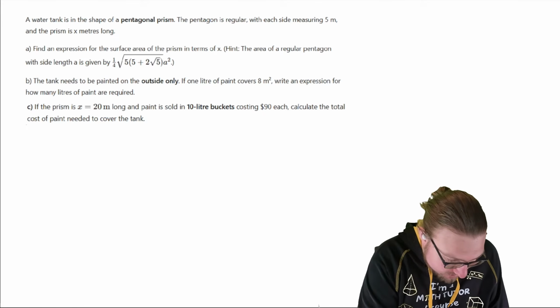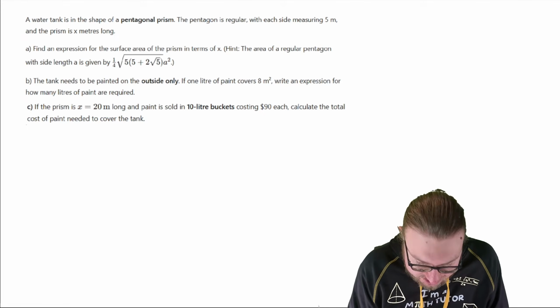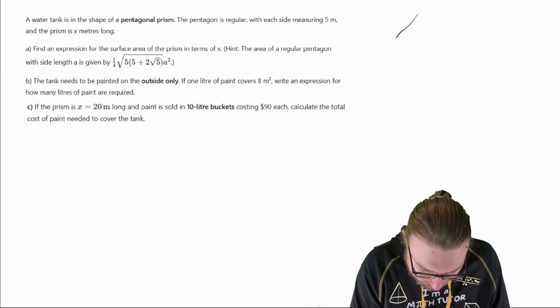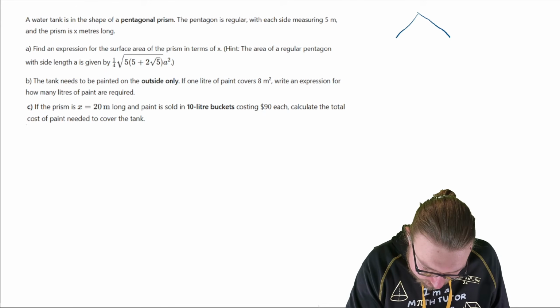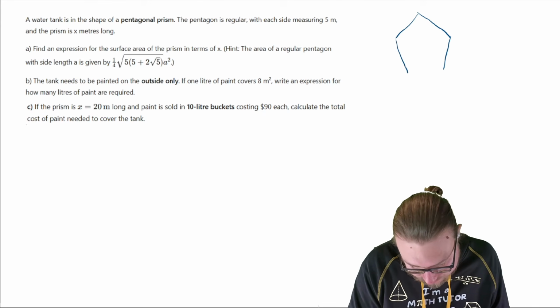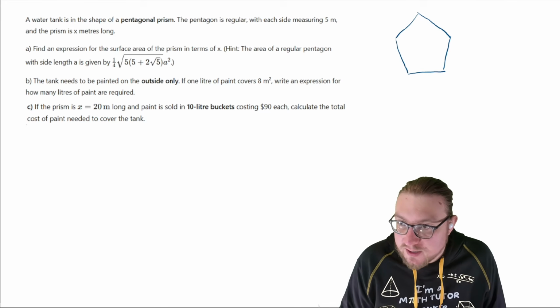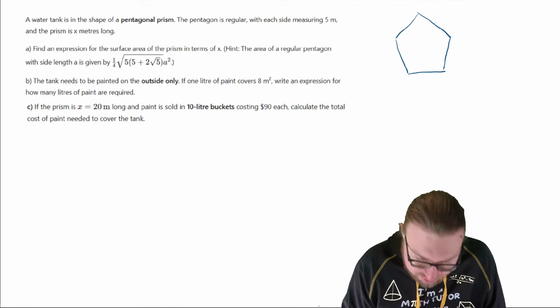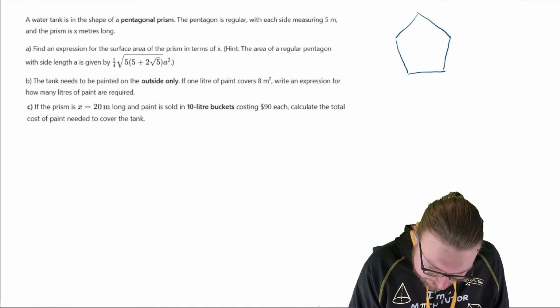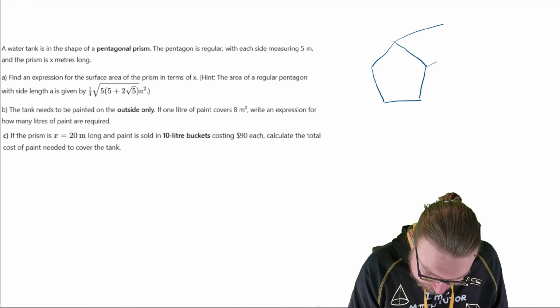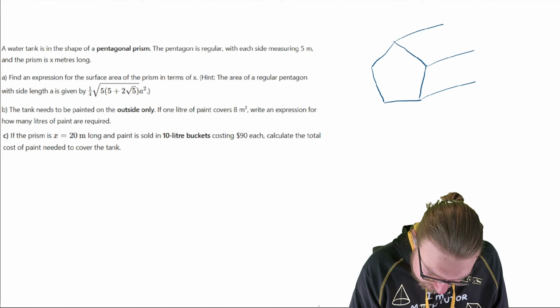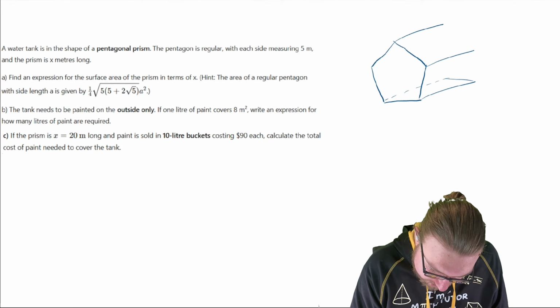So what does that mean? We can make ourselves a little note here on the side. We have a pentagon. It's supposed to be regular. I think it looks somewhat regular. There we go. And it's a prism. So this is the base area. And from there, our lines kind of go like this, forming again another pentagon at the back.